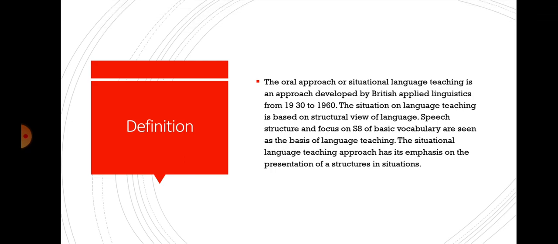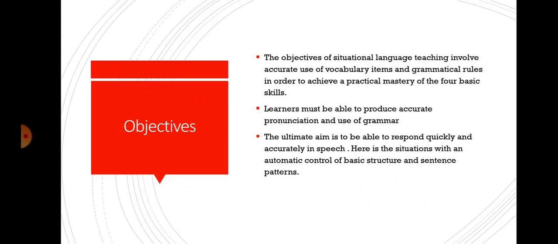Now, next, move to the slide. Here we have the objectives. What are the objectives of situational language teaching? The objectives involve accurate use of vocabulary items and grammatical rules in order to achieve a practical mastery of the four basic skills.